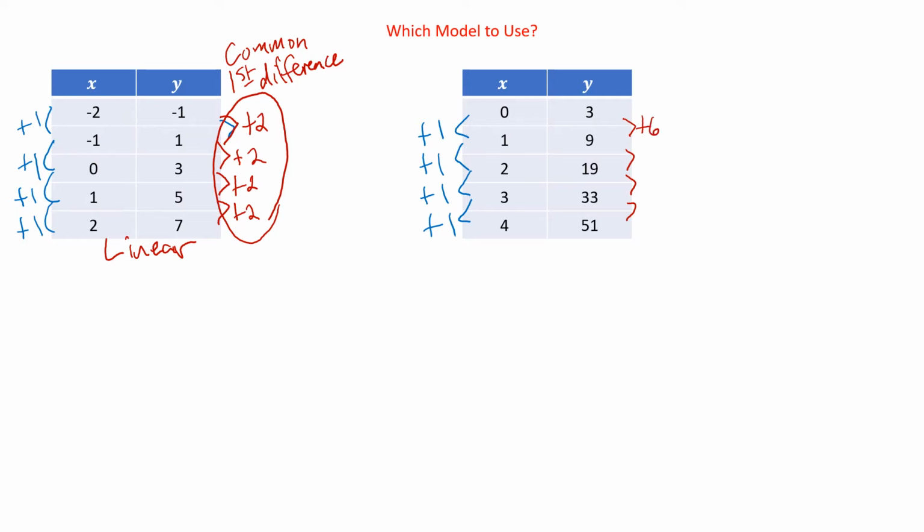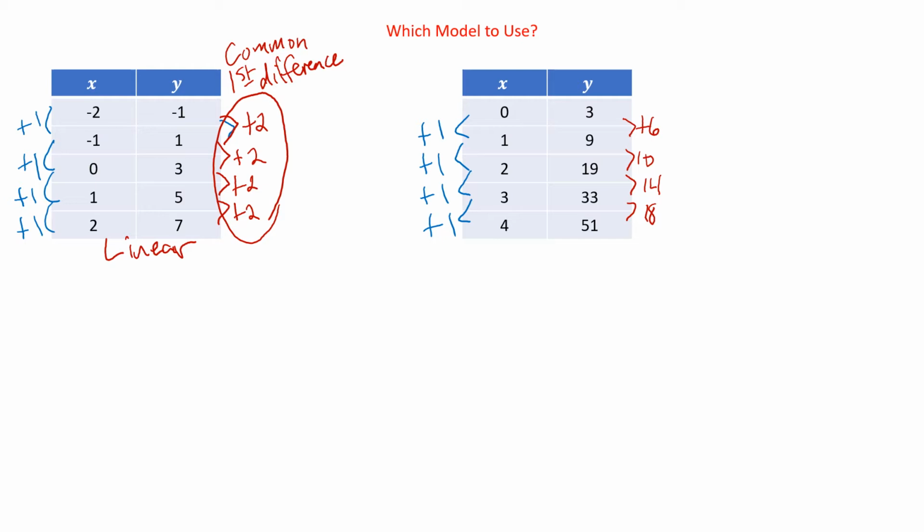It's called a difference because technically we're going 9 minus 3 is 6. 19 minus 9 is 10. 33 minus 19 is 14. And 51 minus 33 is 18.